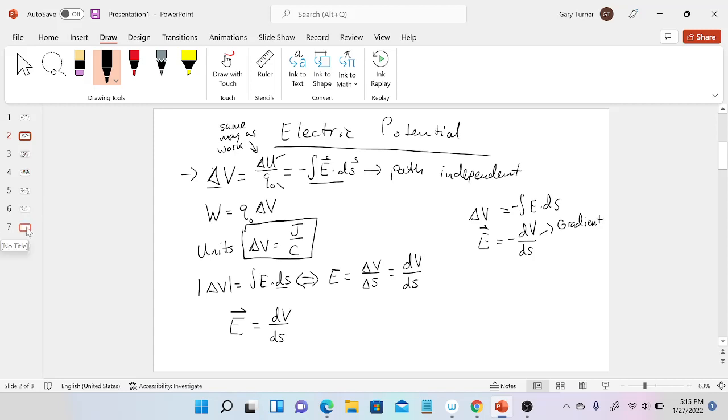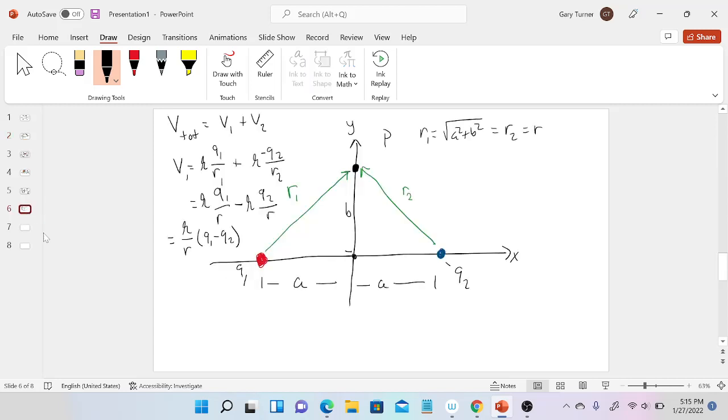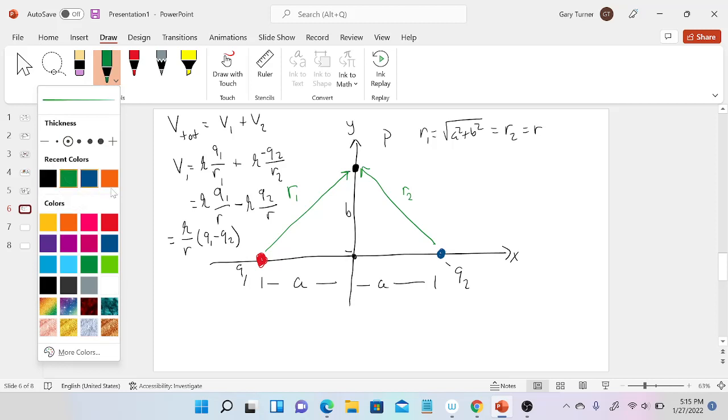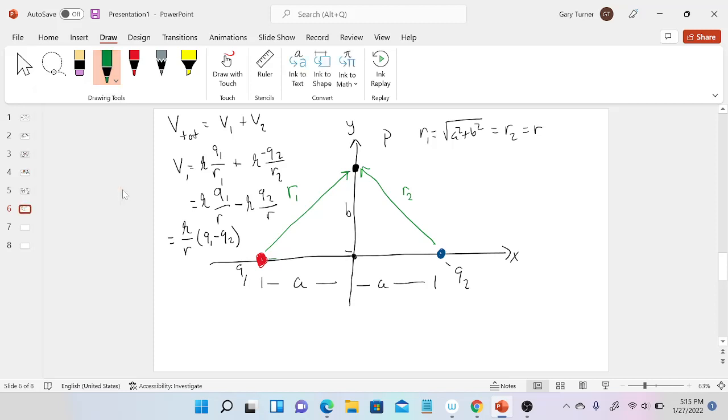So what that means is, if I want to look along this x-axis here, the electric field, we know, is going to point from the positive charge to the negative charge. Off the axis, it's going to do this kind of thing, but along the axis, it's going to point toward there. The potential is the negative gradient of that.